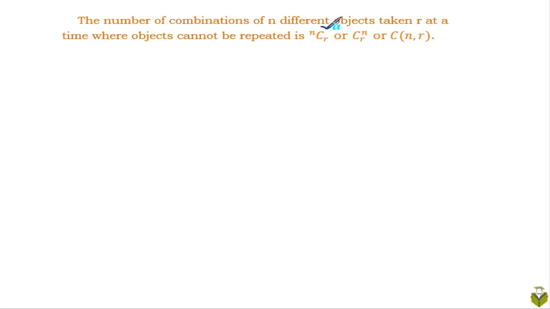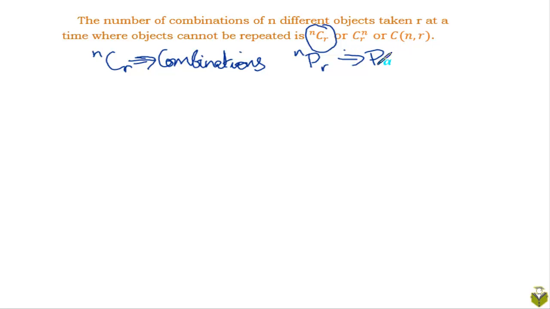So we will use this notation, very similar to a permutation. This nCr is combination, and nPr was permutations, right? I'm just giving you the other notations so that if you see them in a textbook you are not confused. They are still the same thing.